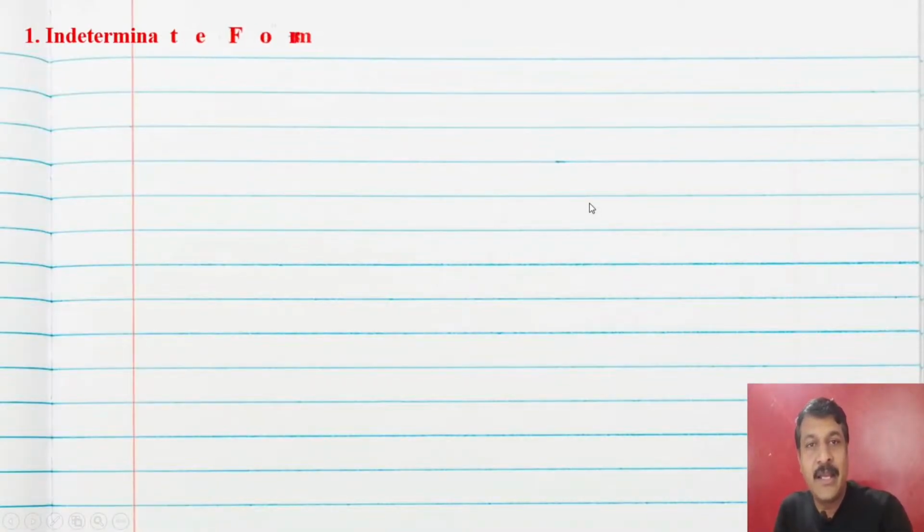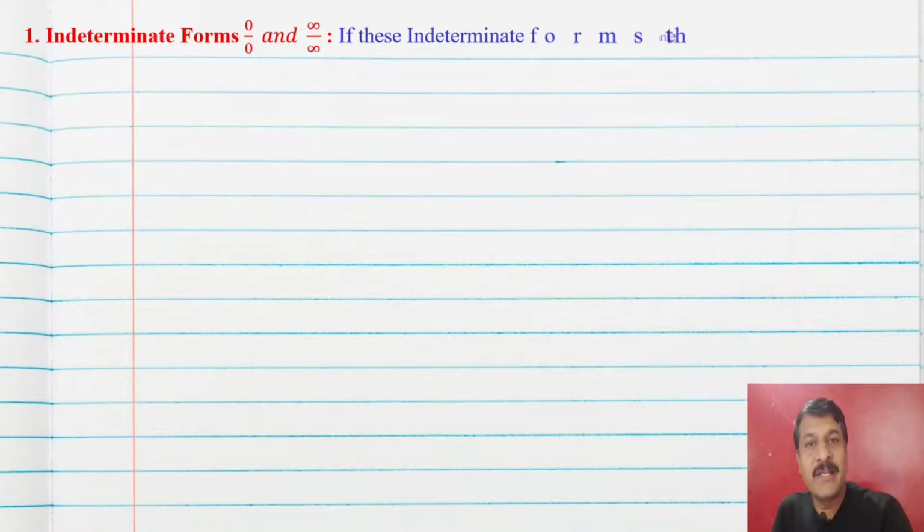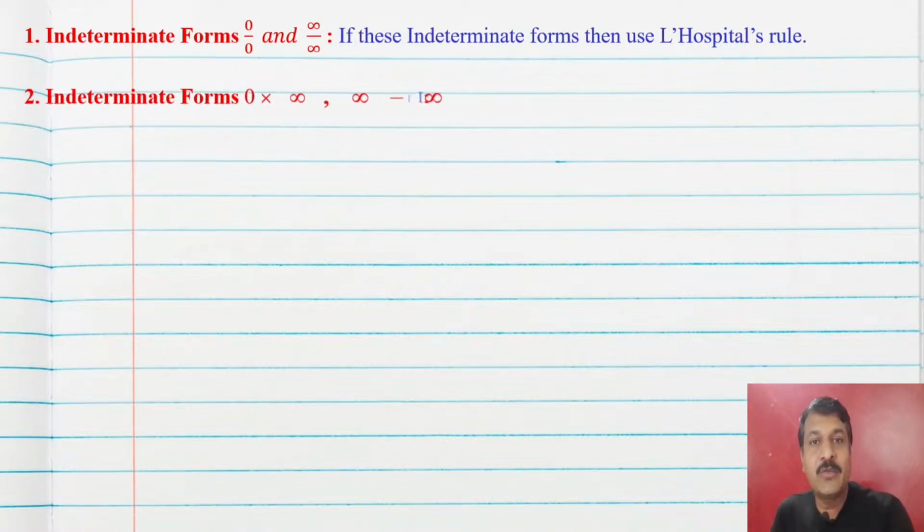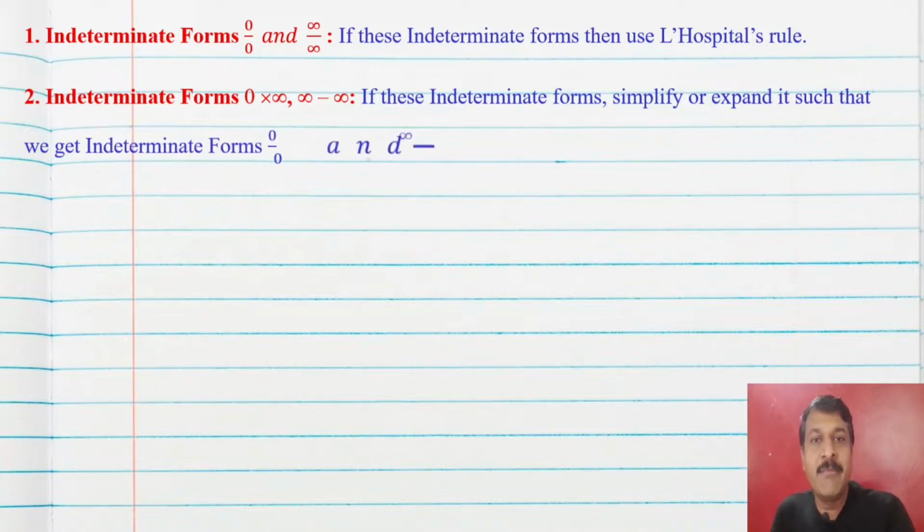Note that if indeterminate form is 0 by 0 or infinity by infinity, we can use L'Hospital's rule directly. If the limit gives the indeterminate form 0 into infinity or infinity minus infinity, then first simplify that limit such that it gives indeterminate form 0 by 0 or infinity by infinity, and then we can use L'Hospital's rule.